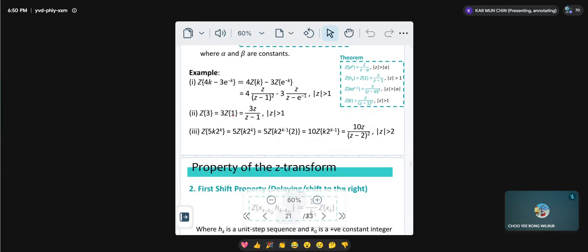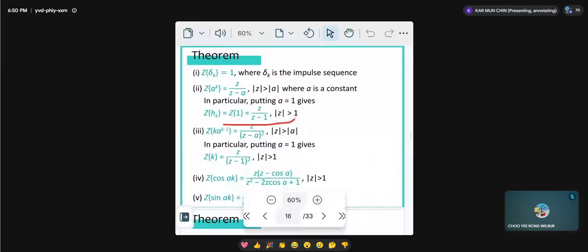So you do Z transform of 1, then you just multiply the number 3 in. For the region, it will be Z more than 1. You can scroll back. Z more than 1.